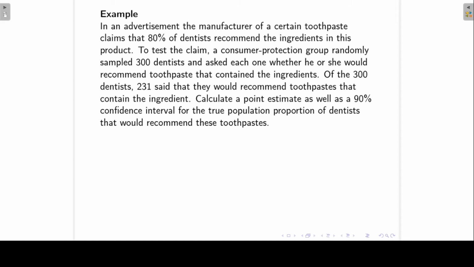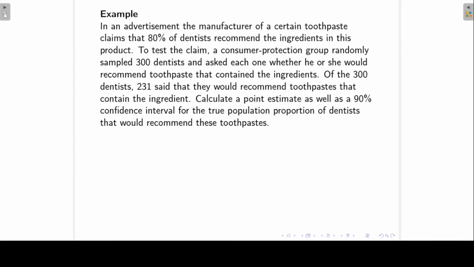Of the 300 dentists, 231 said that they would recommend toothpastes that contain the ingredient. So we want to calculate a point estimate as well as a 90% confidence interval for the true population proportion of dentists that would recommend these toothpastes.